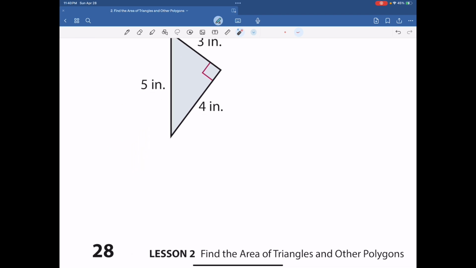Let's write it down underneath. Elena is wrong.